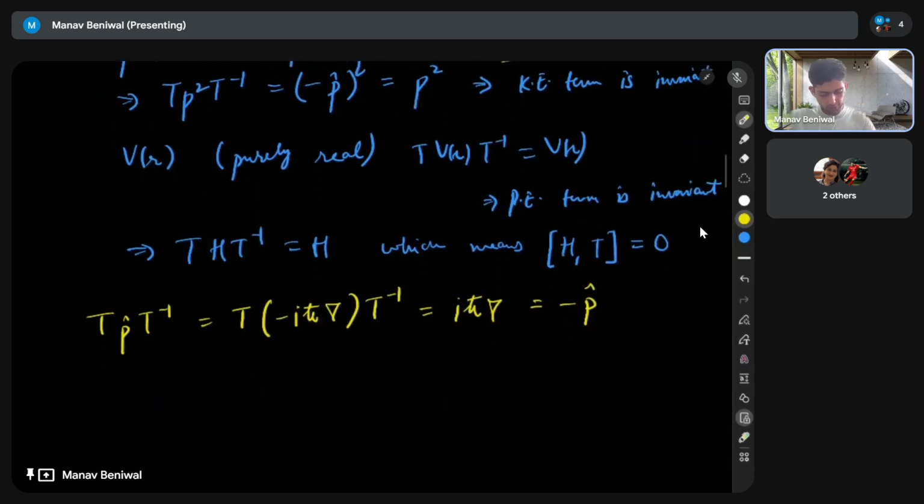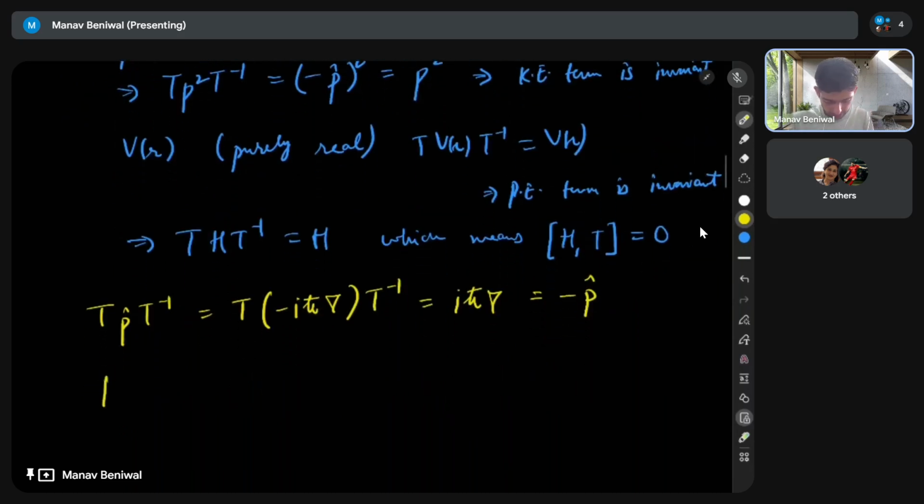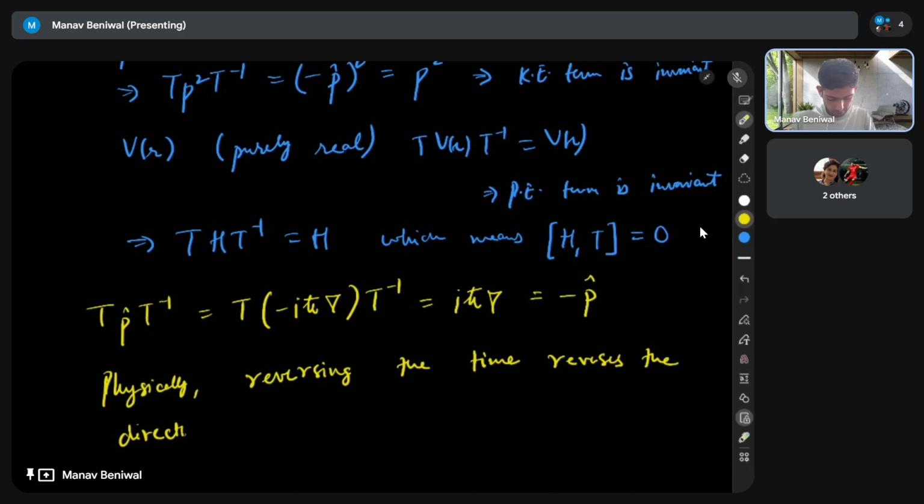Physically, it means that reversing the time, because this is a time reversal operator, reverses the direction of velocity or momentum, right? Or momentum.